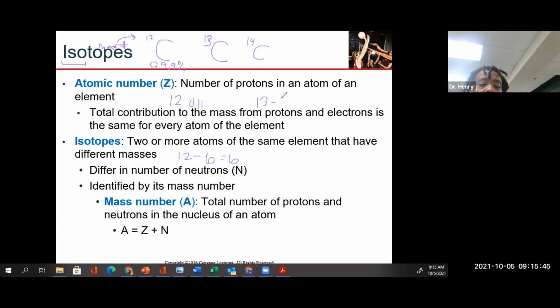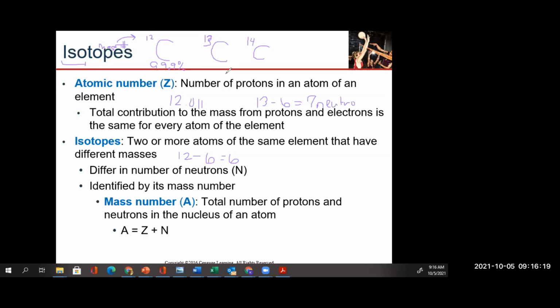How many protons does carbon have again? 6. So the number of neutrons would be 7. Okay, so carbon 13 has 7 neutrons. So the difference between the mass of carbon 12 and the mass of carbon 13 is the number of neutrons. Does that make sense?